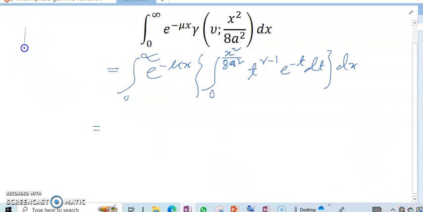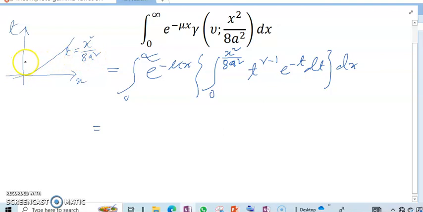Suppose this axis is t and this axis is x. Okay, this is my graph, and t equals x square by 8 square. So t equals x square divided by 8 square.